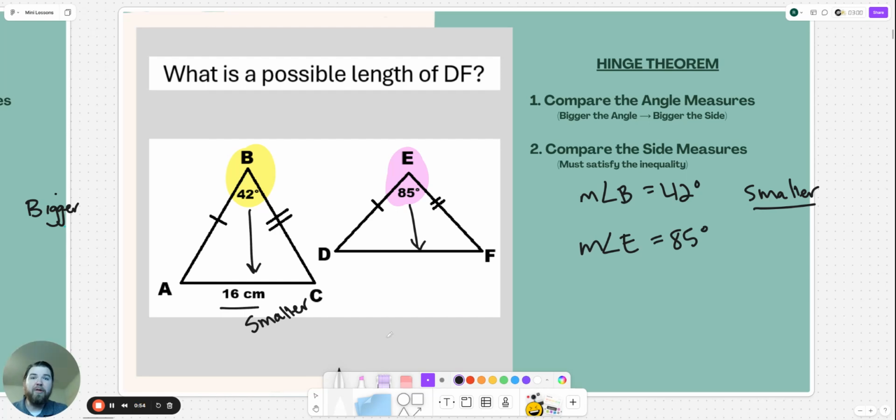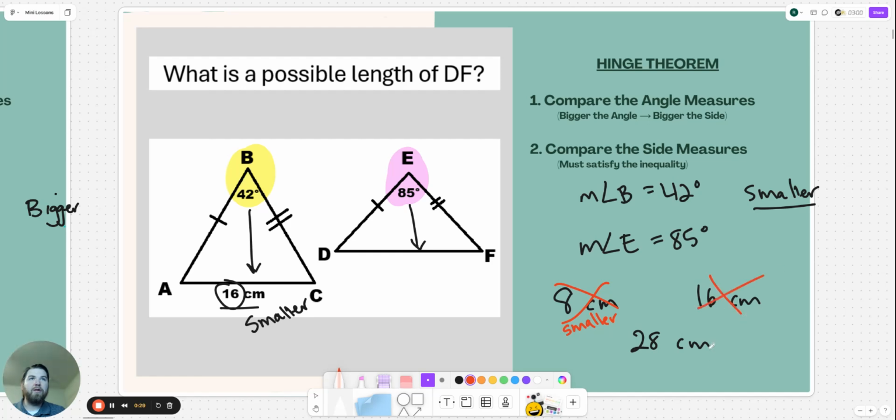If it's going to be smaller than DF, then I need to find a number that's bigger than this. So if I wrote down 8 centimeters, maybe 16 centimeters, and then we'll say 28 centimeters as my possible answer choices, I can already say, hey, it's not going to be 8 because that's smaller.